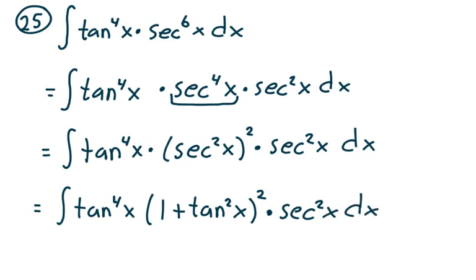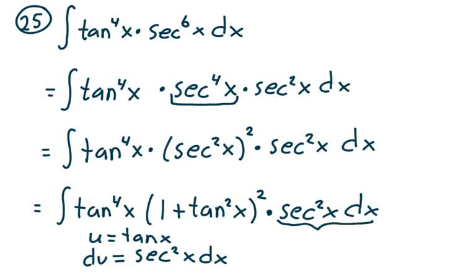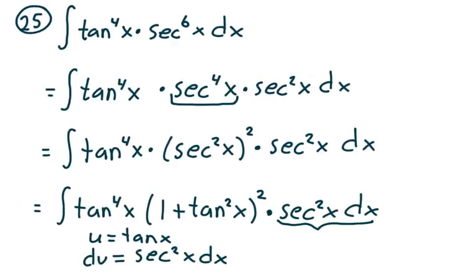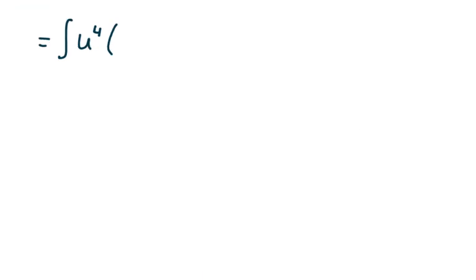Now remember, the derivative of tangent x is secant squared x. So if u is tangent x, du is secant squared x dx. So this whole entire thing is going to become du. And so this is the integral of u to the fourth times 1 plus u squared to the second du.